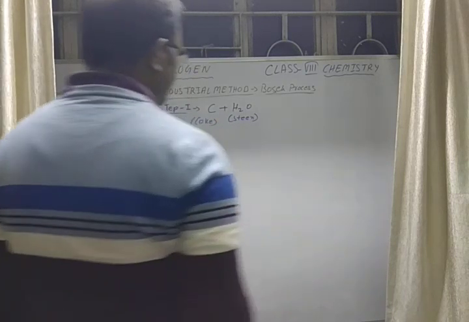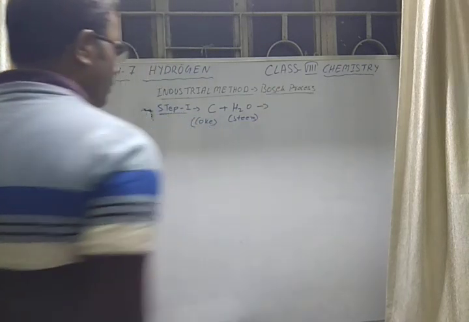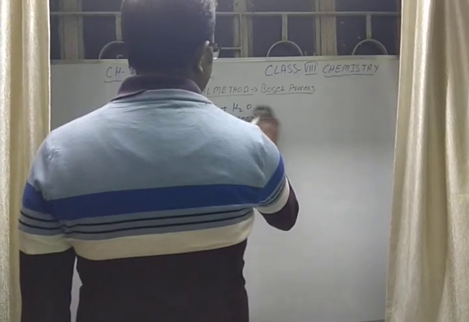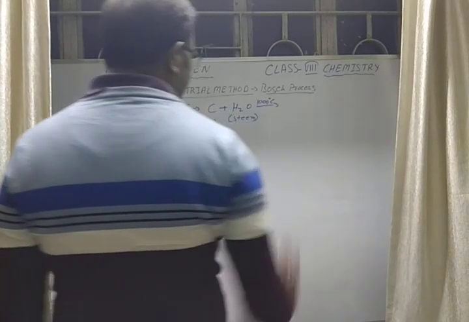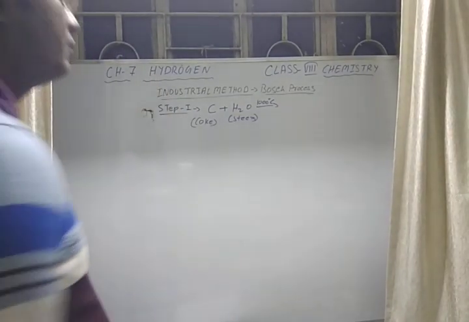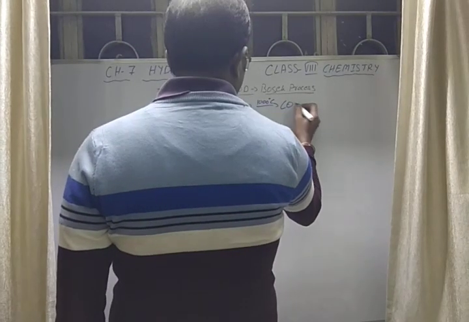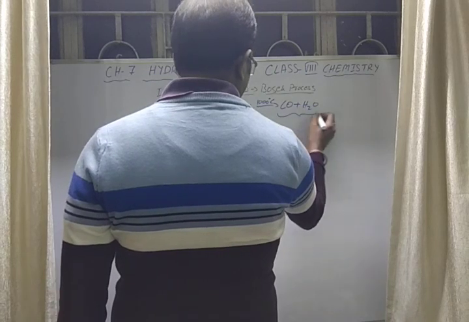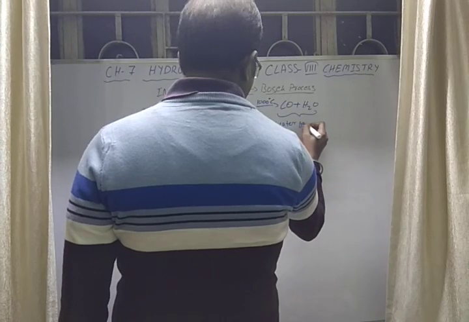Okay, coke with steam. When steam is passed over red hot coke at about 1000 degrees Celsius, it is converted into some compounds, that is carbon monoxide CO plus H2, and this is collectively called as water gas.